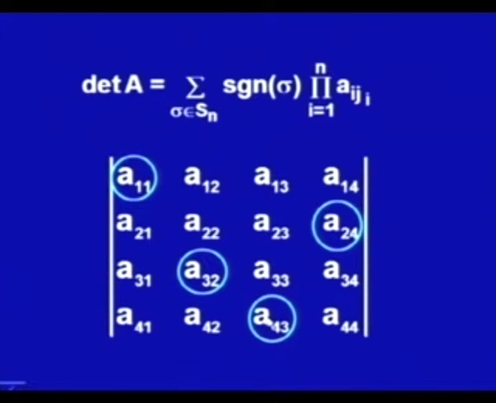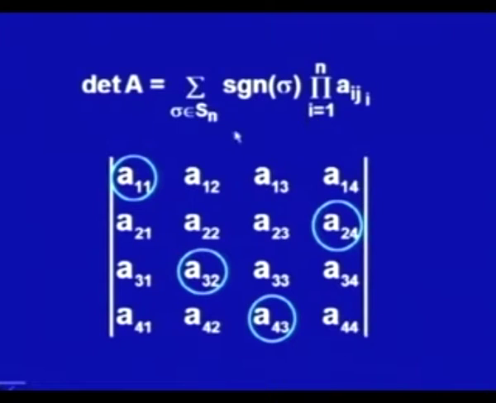The idea is we take only one term from each row and column. This way factorial n permutations are possible. We calculate the product of all such terms and then take the sum.